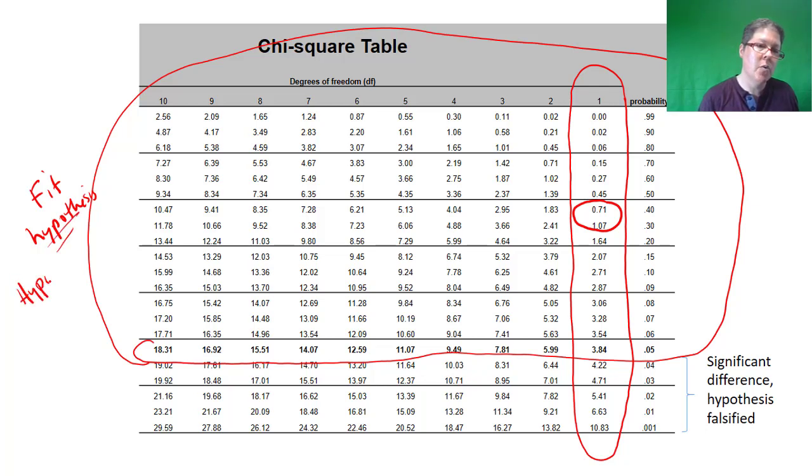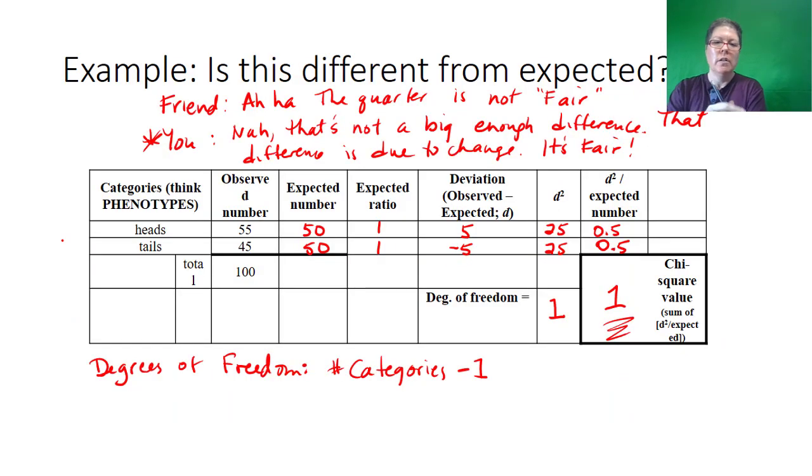Hypothesis is supported. Your hypothesis. You have to be clear on which hypothesis you're checking. Right, so here our hypothesis is that the quarter is fair. We would expect a 50-50. We went with that hypothesis instead of our friend's hypothesis because our friend's hypothesis didn't have anything specific about it.